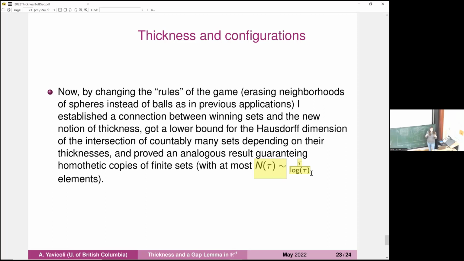It's related with the change of the game, and the fact that I'm erasing neighborhoods of spheres is intuitively related with the fact that I'm dealing with disconnected sets. If we have something like this, basically what I'm trying to erase is considering the room we have here inside.